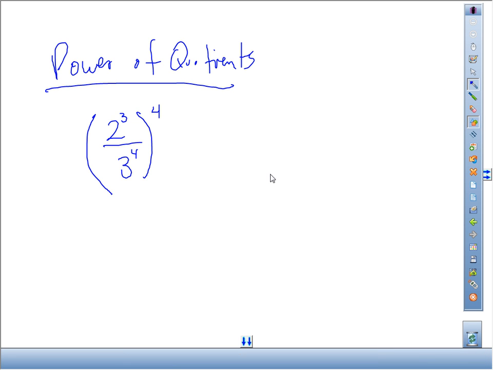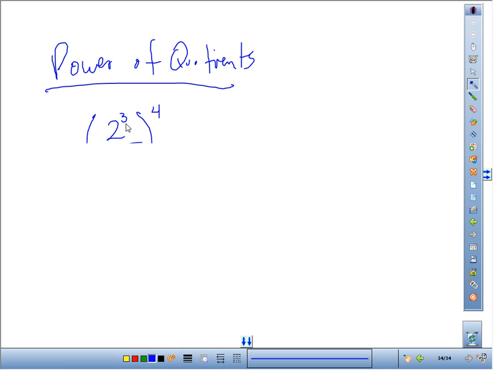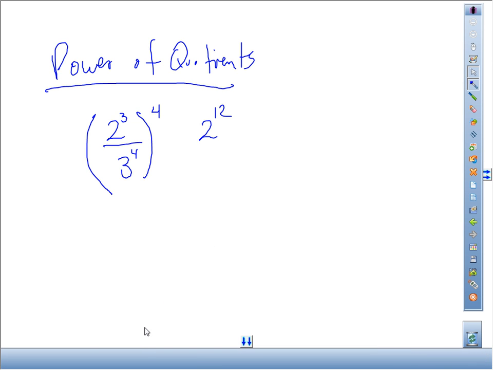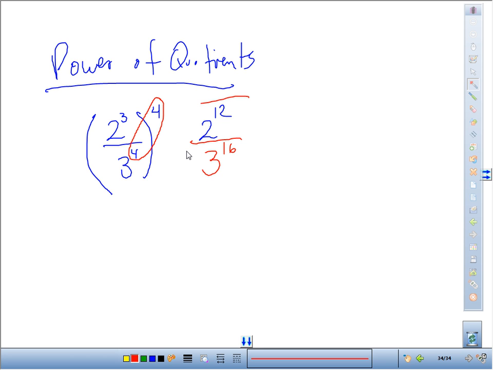Pens down really quick. Let me show you something. If this was to be like that, do we know what to do with this? Yeah, this becomes what? 2 to the 12. However, now we have a denominator, and guess what? We also do that to the exponent on the denominator, so this becomes what? 3 to the 16. See how that applies?